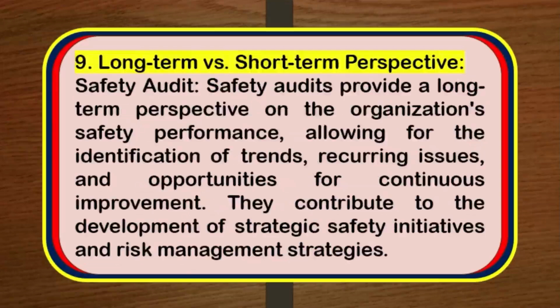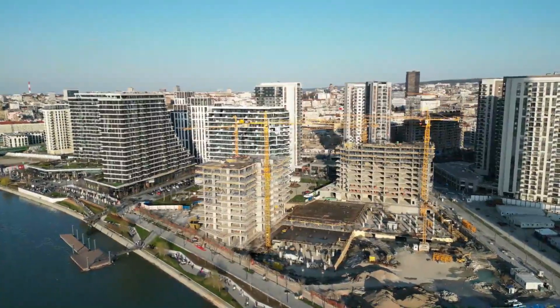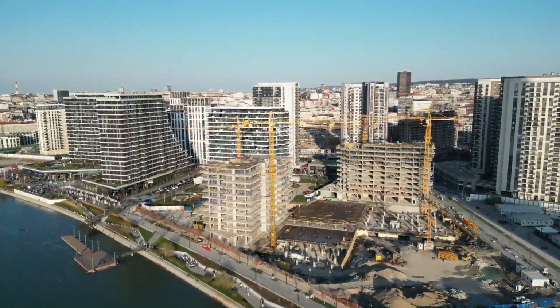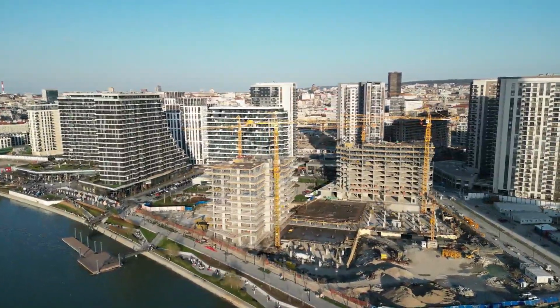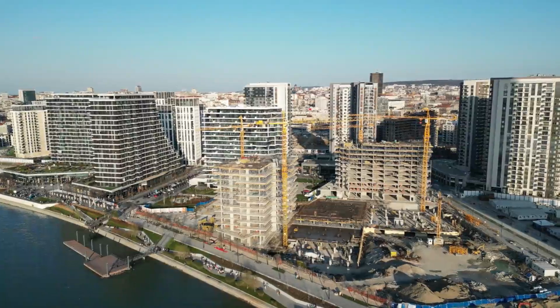Point number 9, long-term versus short-term perspective. Safety audits provide a long-term perspective on the organization's safety performance, allowing for the identification of trends, recurring issues, and opportunities for continuous improvement.